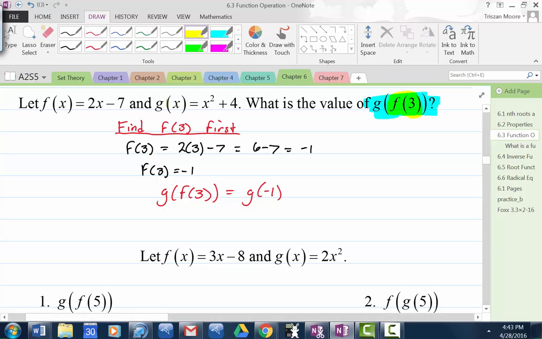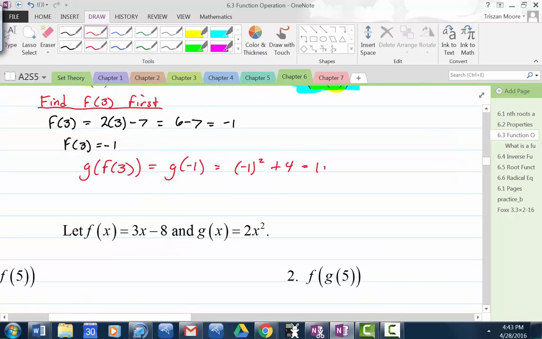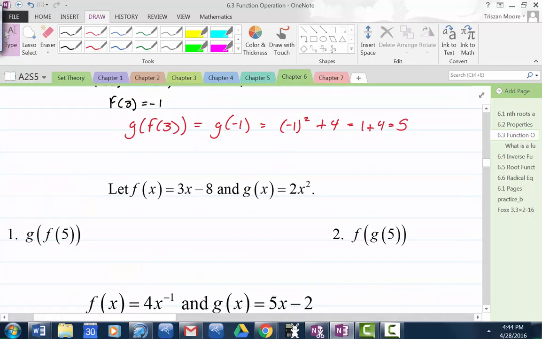And based on my function g right here, that's negative 1 squared plus 4. So 1 plus 4, which is equal to 5. So we can actually find what we need just taking a step. Basically, go look at the innermost function first, and then we go from there.